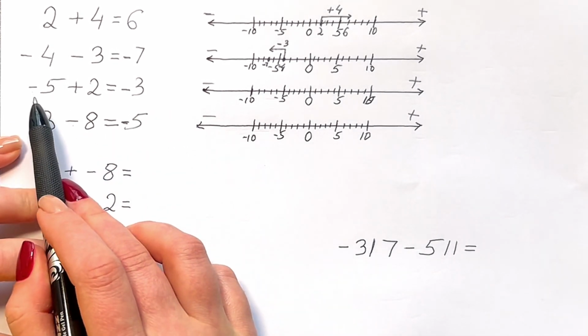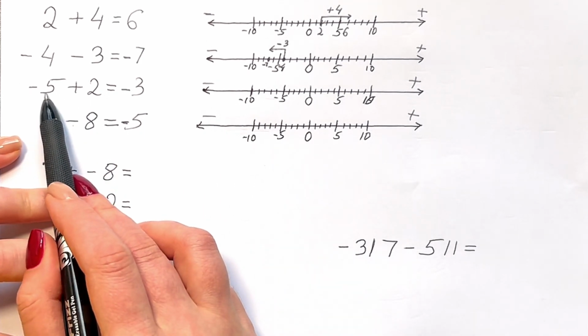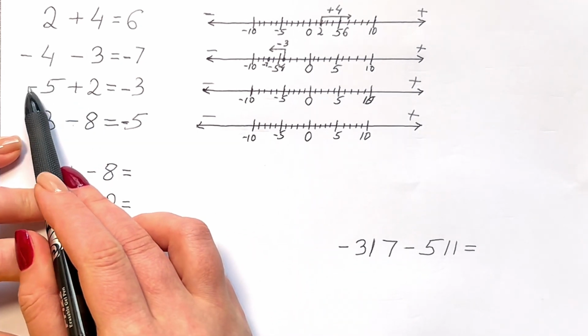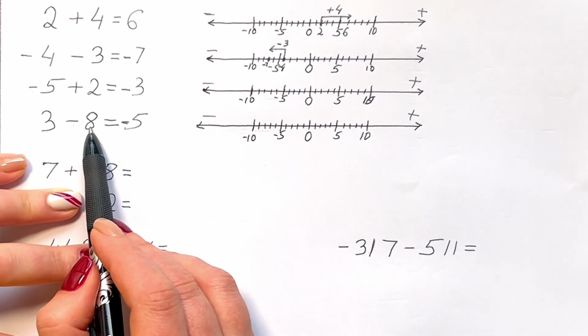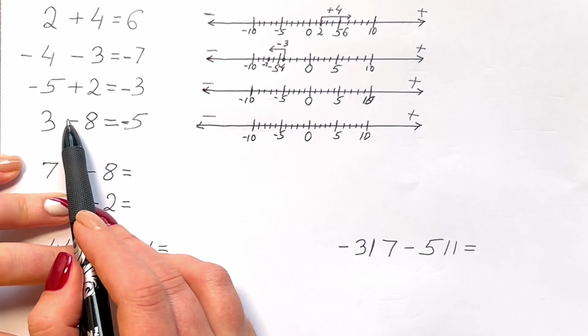So if we have one negative, one positive, or positive negative, from the biggest number we are taking away the smallest number and putting the biggest number's sign.